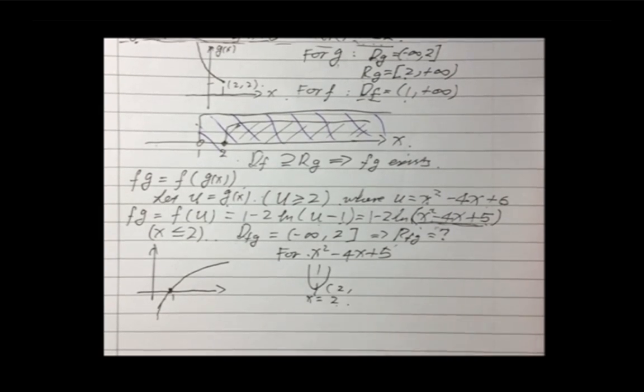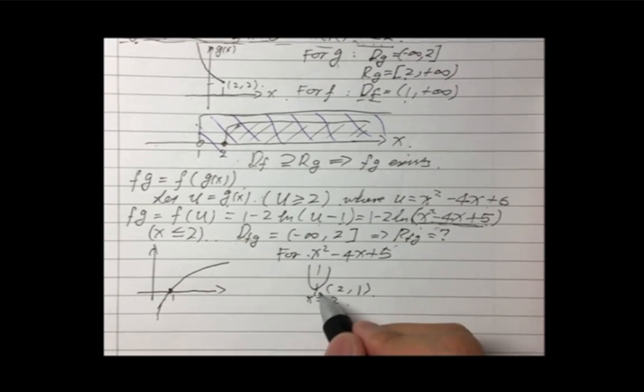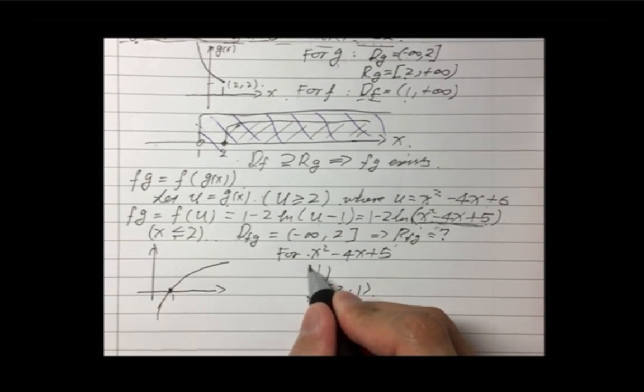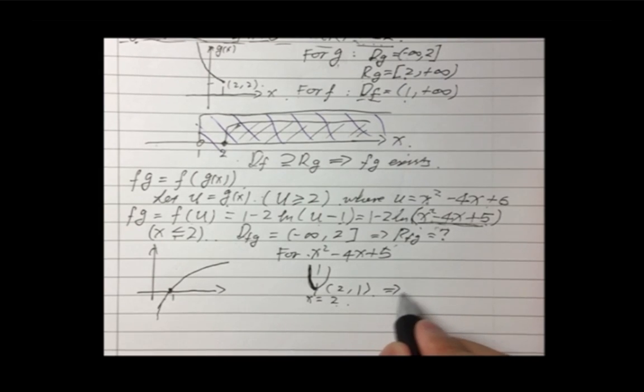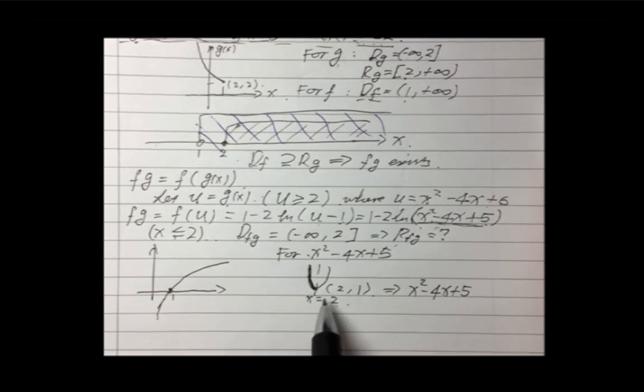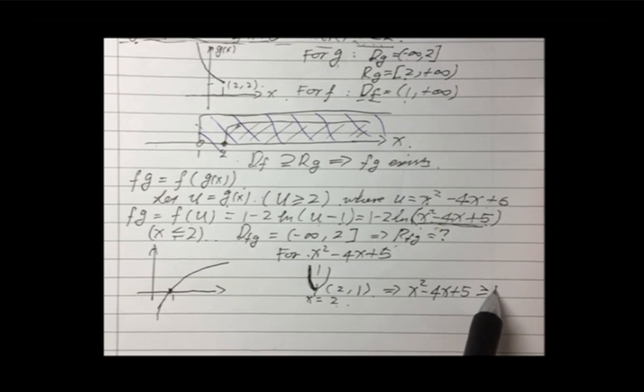You substitute this 2 in, it will be 1, right? The only thing is this. And we know that x is less than or equal to 2, so we only need this part. That means x squared minus 4x plus 5 must be greater than or equal to 1, right?